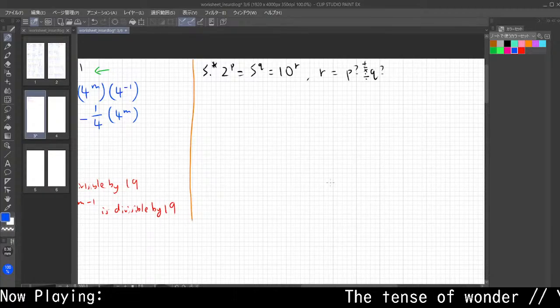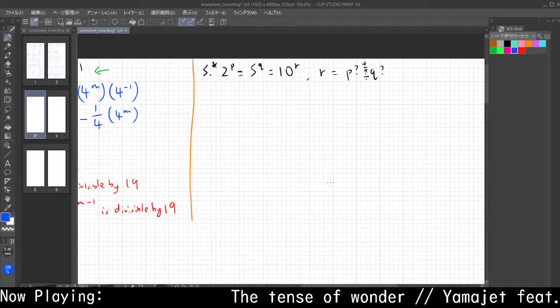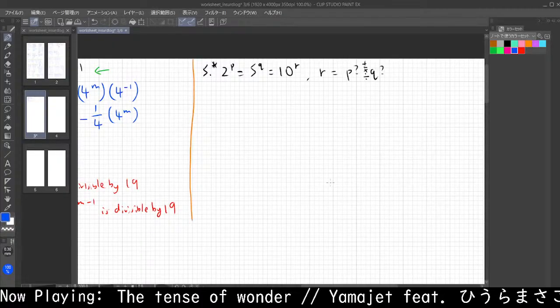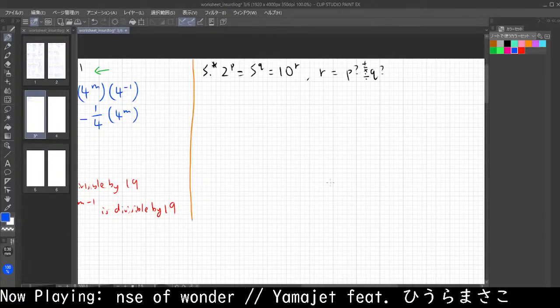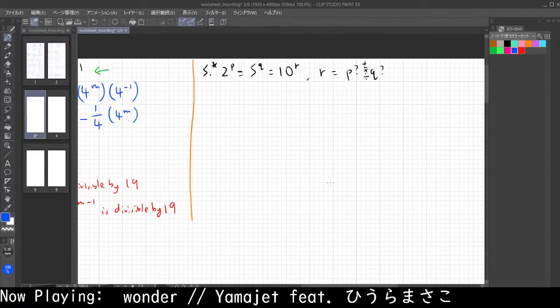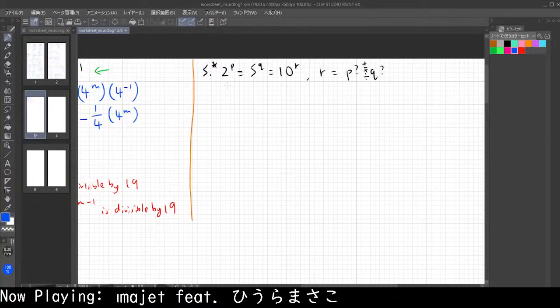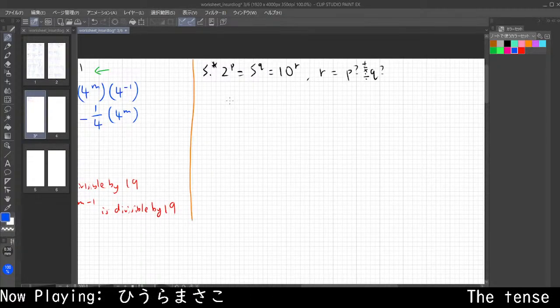So what we can do is as follows. Because you want r in terms of p and q, we want expressions for r. Three things are equal, which means that I can split them into different equations.